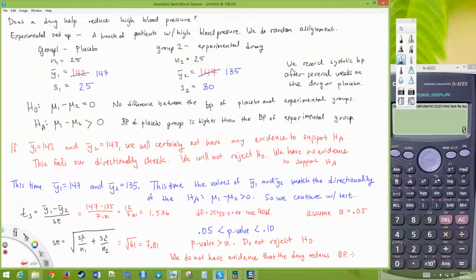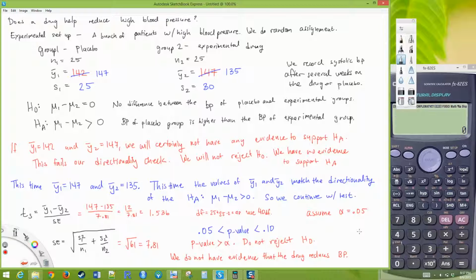I know it feels like, since we didn't reject the null, we can just say stuff like that, but there is technically a difference. If we want to stay true to what we are allowed and not allowed to say, what we are allowed to say is we don't have evidence that the drug reduces blood pressure.